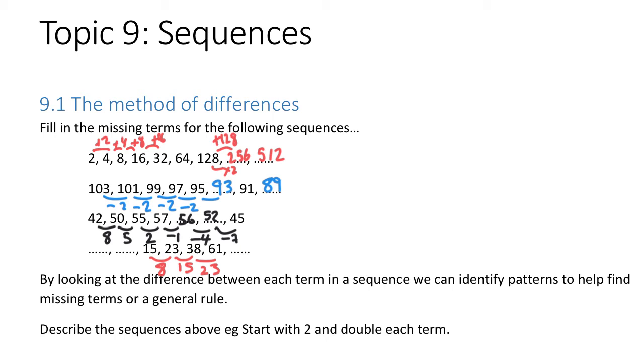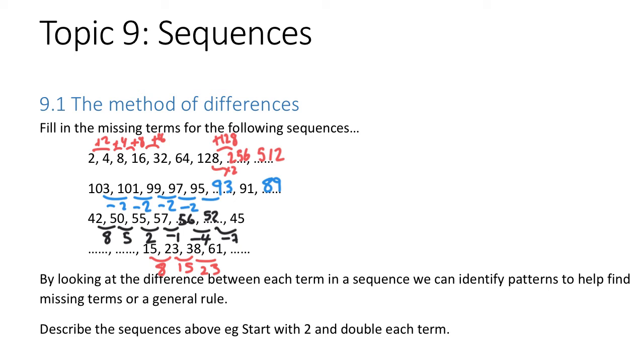And what we can see is actually we're adding on the previous term. So 15 and 23 gives us 38. 23 and 38 then gives us 61. So what we're doing is we're adding on the previous term.